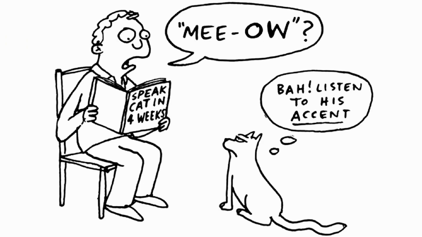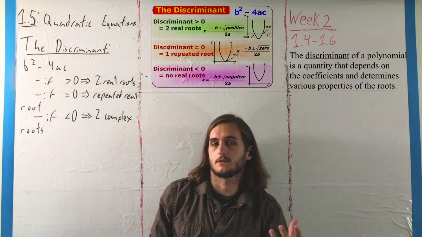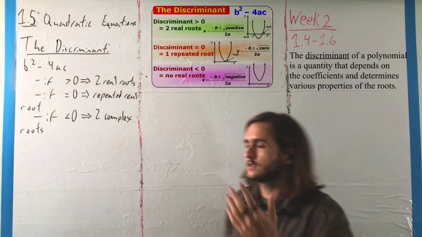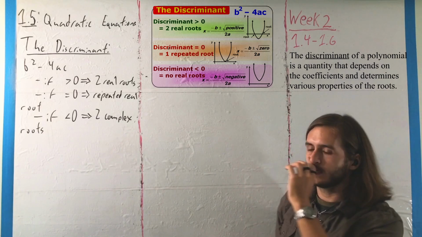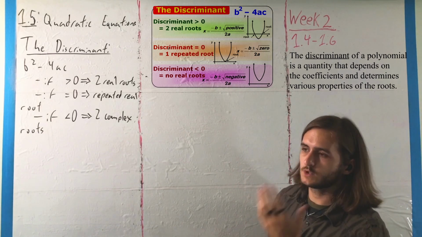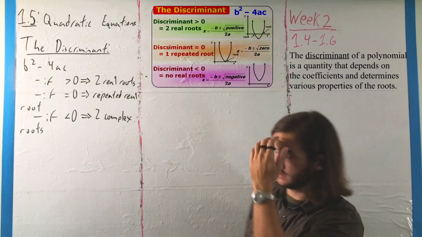If you discriminate against someone or something, then you are making a decision about it based on perhaps incomplete or early evidence. For the discriminant, we are going to be able to make decisions about what our quadratic's roots will be like without going to the trouble of actually finding them.